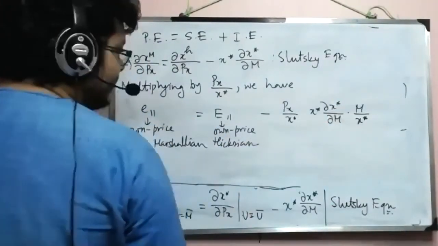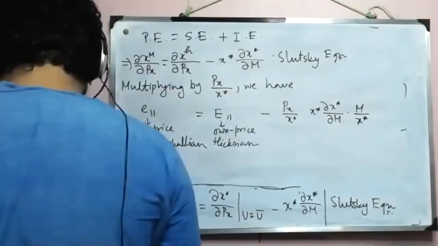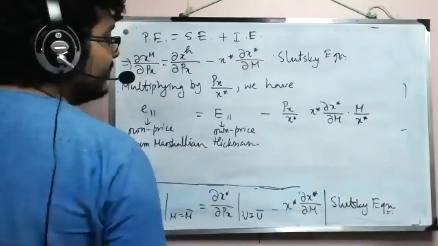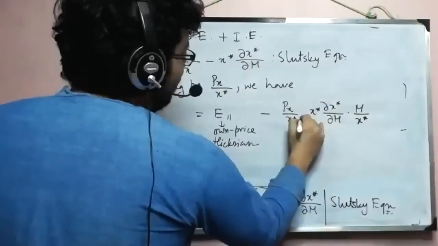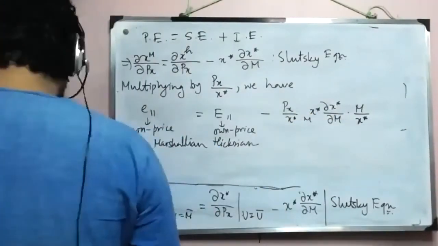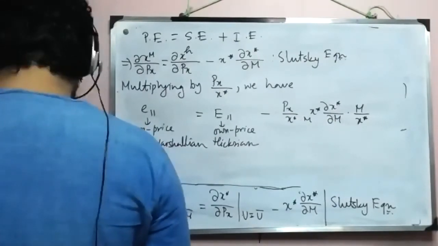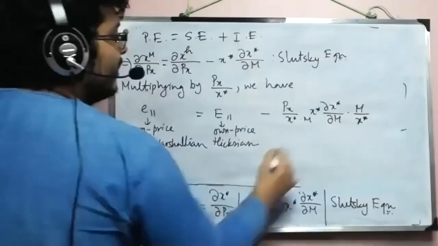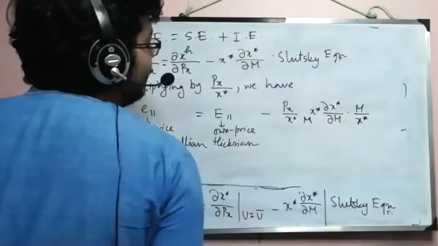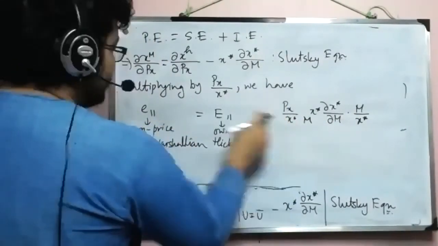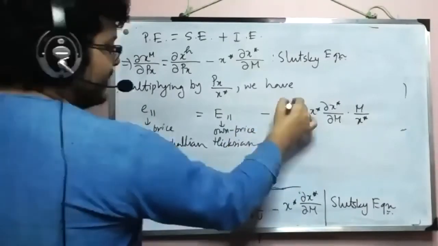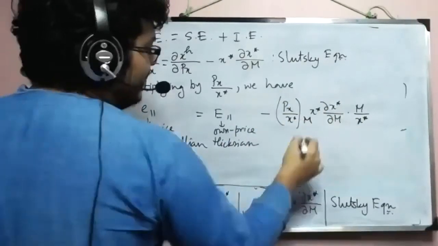And for that we are going to adjust by 1 by m here. Okay. So again, we have multiplied the whole equation by px by x star. So this is here.